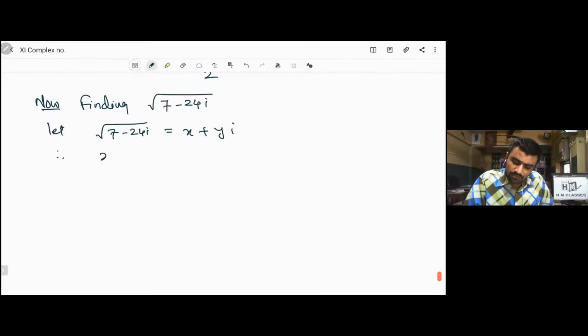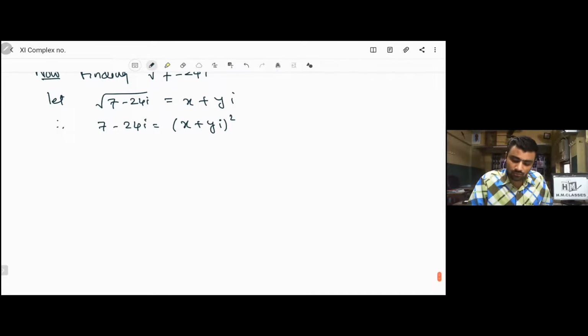Therefore this becomes 7 minus 24i is equal to x plus yi whole square. Now you have to solve this whole square. 7 minus 24i is equal to x square plus 2xyi plus y square i square.